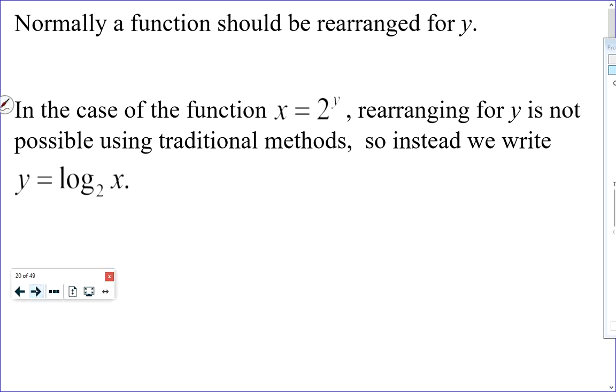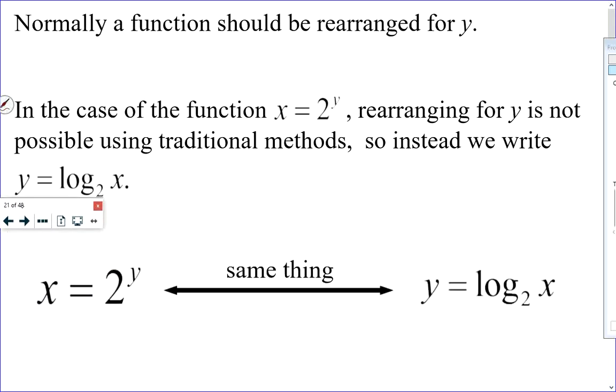But since we can write x equals 2 to the y as y equals log base 2 of x, these two things that you're looking at now on the bottom of the screen are the same. x equals 2 to the y is like y equals log base 2 of x in the same way that bonjour is like hello. They are the same thing. So if you ever see y equals log base 2 of x, you should know that it means x equals 2 to the y.